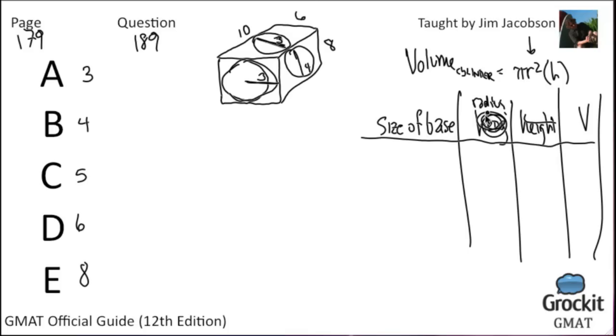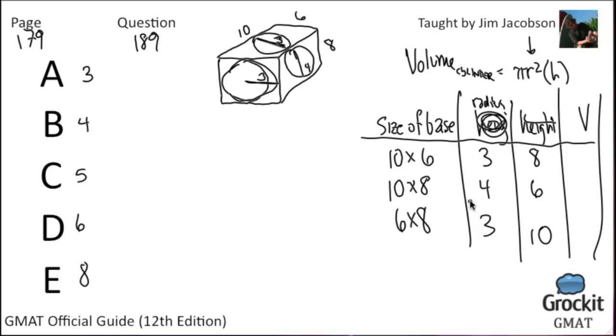We just have 3 different bases. One is the 10 by 6 base. We have the 10 by 8 base and the 6 by 8 base. So the radius in this case is half the smaller side. That one's 3, this one's 4, this one's 3. The height is the side that isn't used, so 8, 6, and 10 respectively.